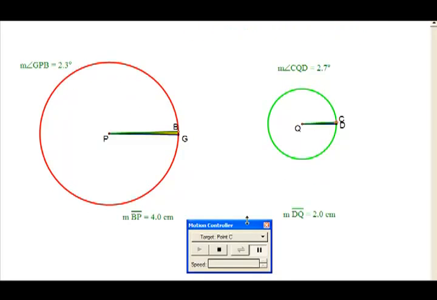In this diagram, we have the two circles, the red circle and the green circle. The green circle is markedly smaller, and what we're going to be looking at here is 2 points on 2 different sized circles, which are traveling at basically roughly the same angular velocity.